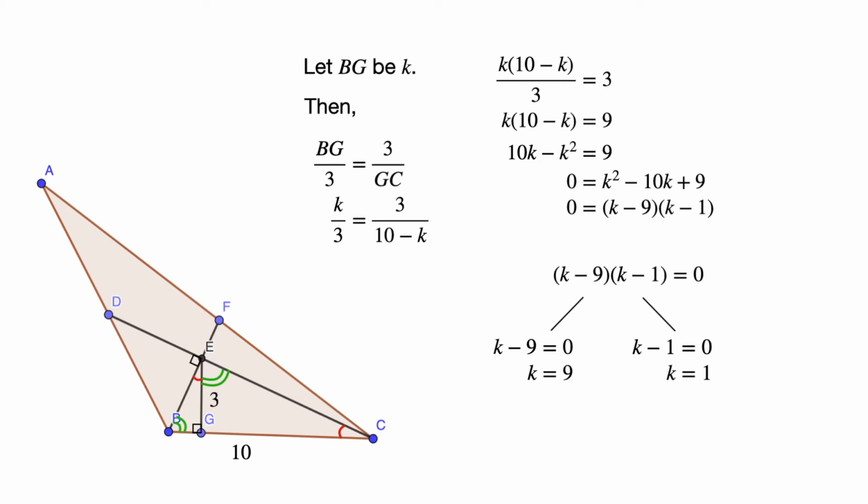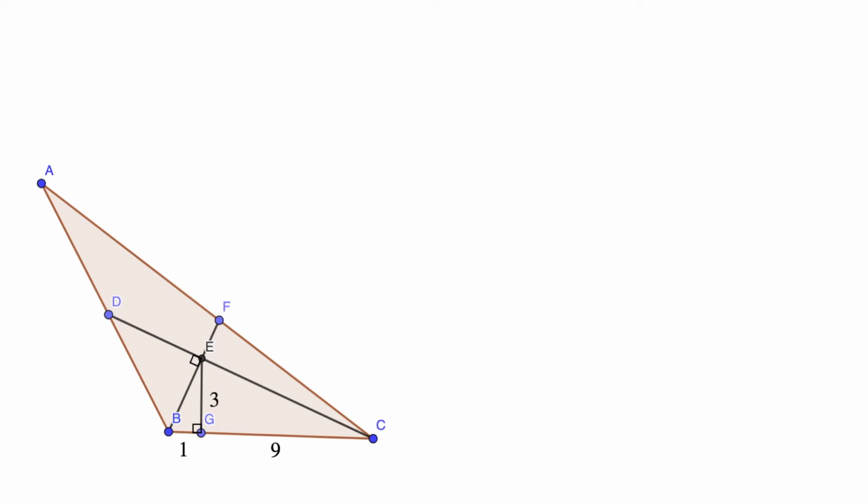Okay, so now we can label BG with 1 and GC with 9. Since triangles BEG and EGC are right triangles, we can solve for even more side lengths using the Pythagorean theorem.